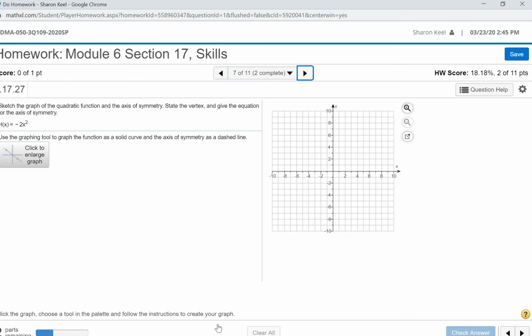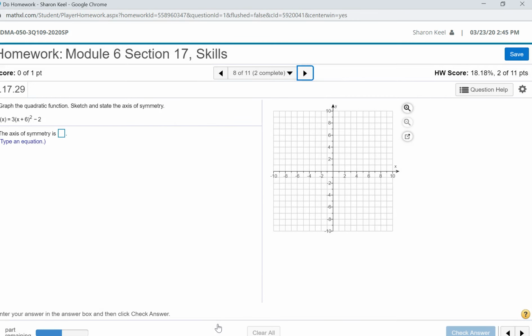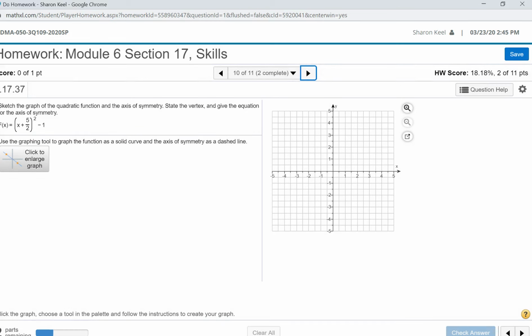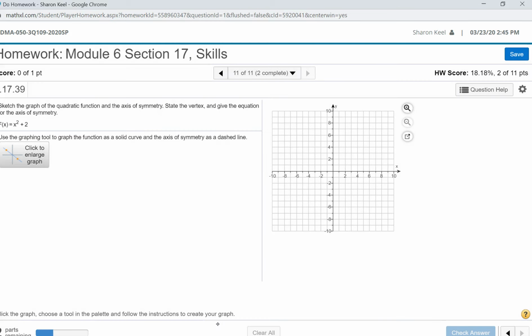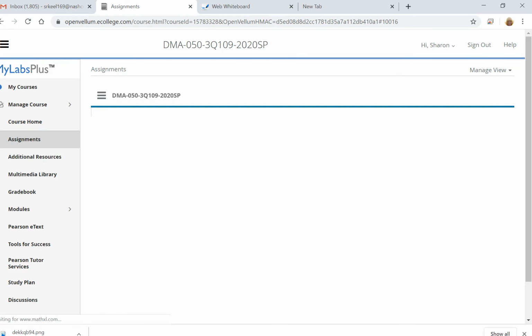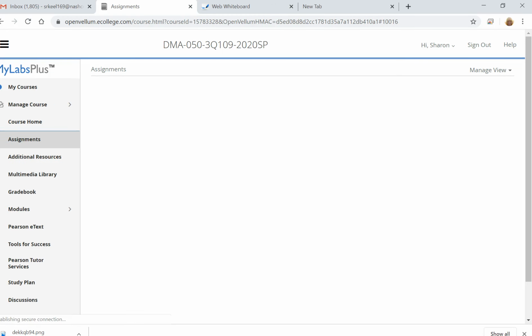You only have 11 questions. It's not a huge number of these. And you have to choose either correctly maximum or minimum depending on the location of the vertex. Okay? So let me close section 17 and let me open the section 18. Okay, so assignments.